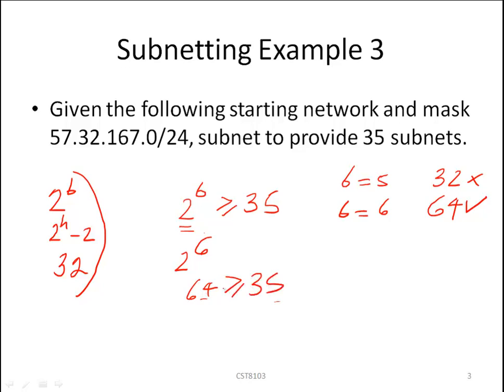Having computed the value of b, we can now compute the value of h. Our original address starts with 8 host bits. We have taken 6 of those host bits and transformed them into network bits.